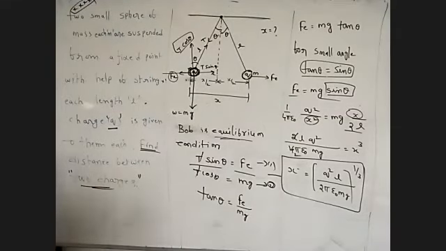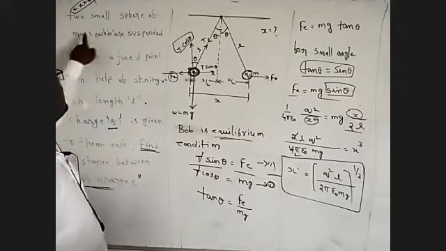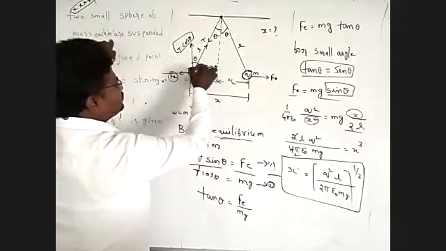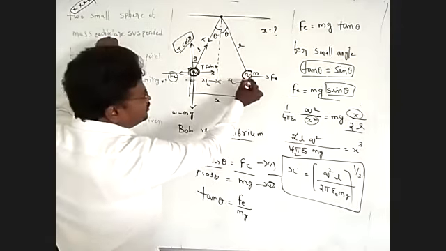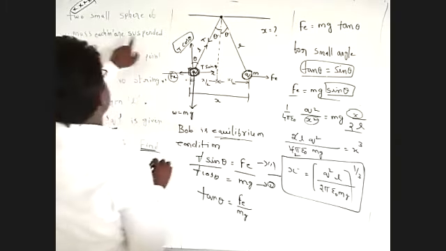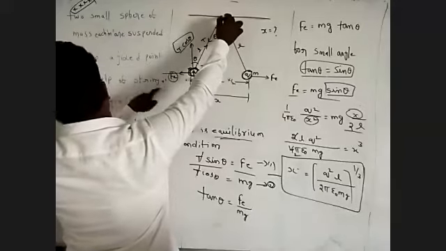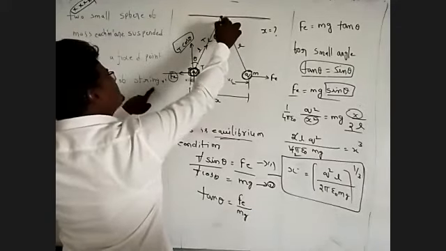You see here, two small spheres of masses m. This is one bulb having mass m, and this is another bulb having mass m. They are suspended from a fixed point with the help of strings.